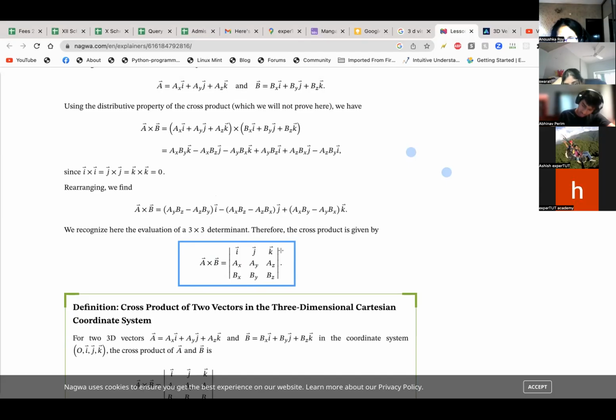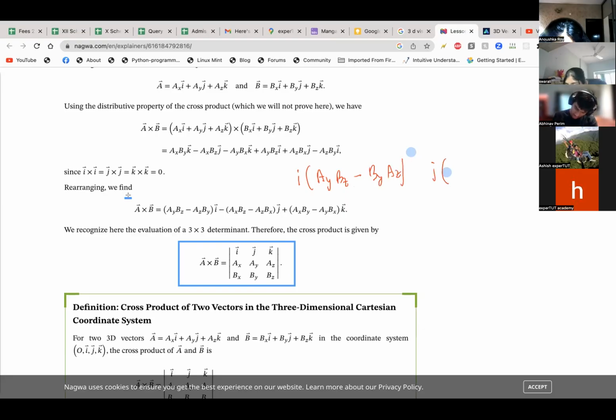How to open this? You write this. I'll tell you a better way. See how to open this. Write i times (AY BZ minus BY AZ). Understood?